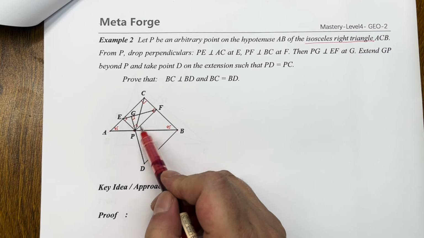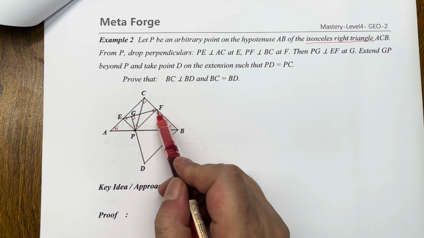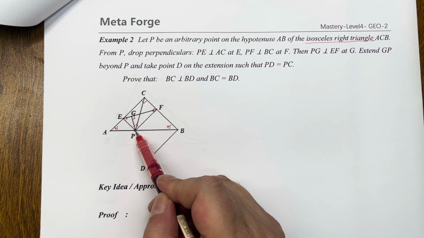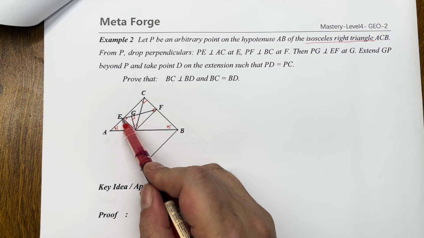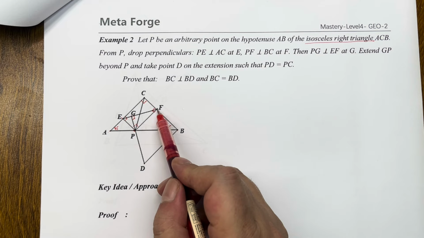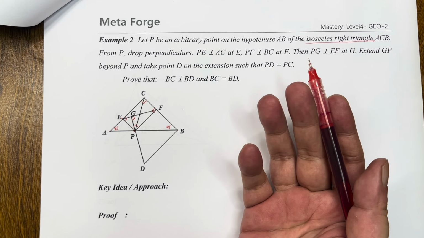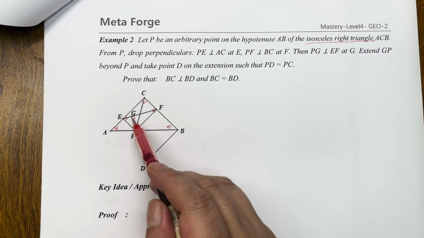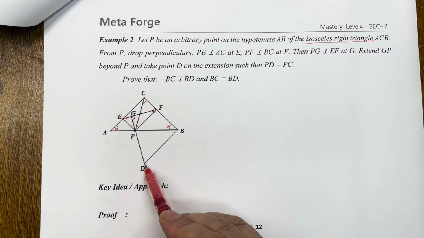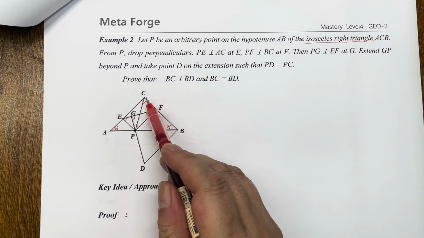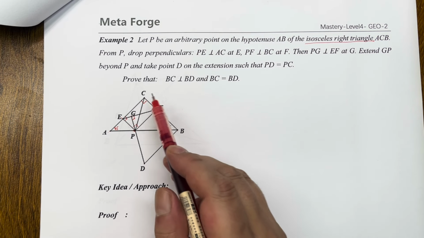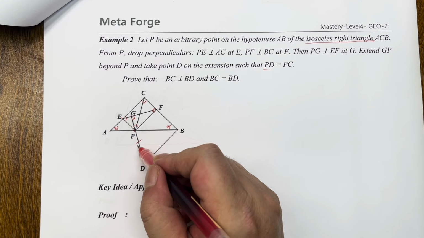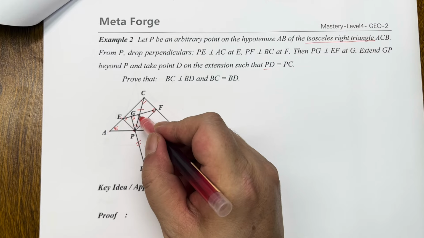In the right triangle EPF, we draw an altitude on the hypotenuse. Now, that is the mean. Then extend this altitude back so that PD equals CP.